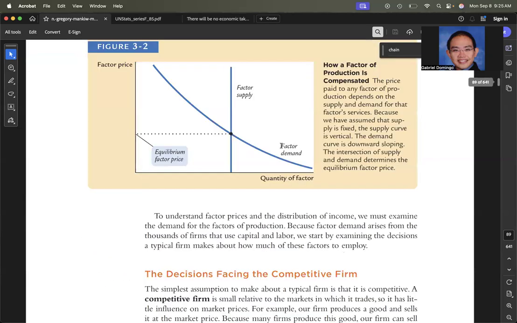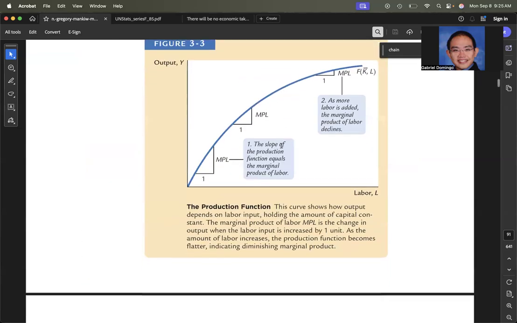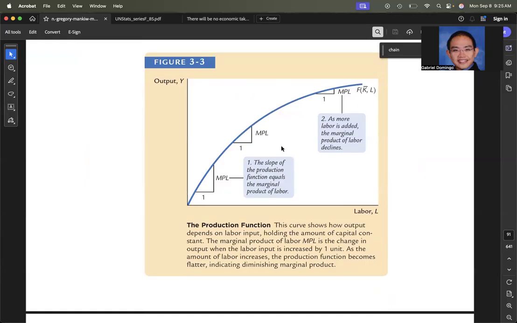So I think we have a picture of the production function here. So we'll jump to the production function. And this is the production function that we'll be looking at. If you'll notice, it's going up, right? The higher the labor is for a given K bar, the more output you produce.